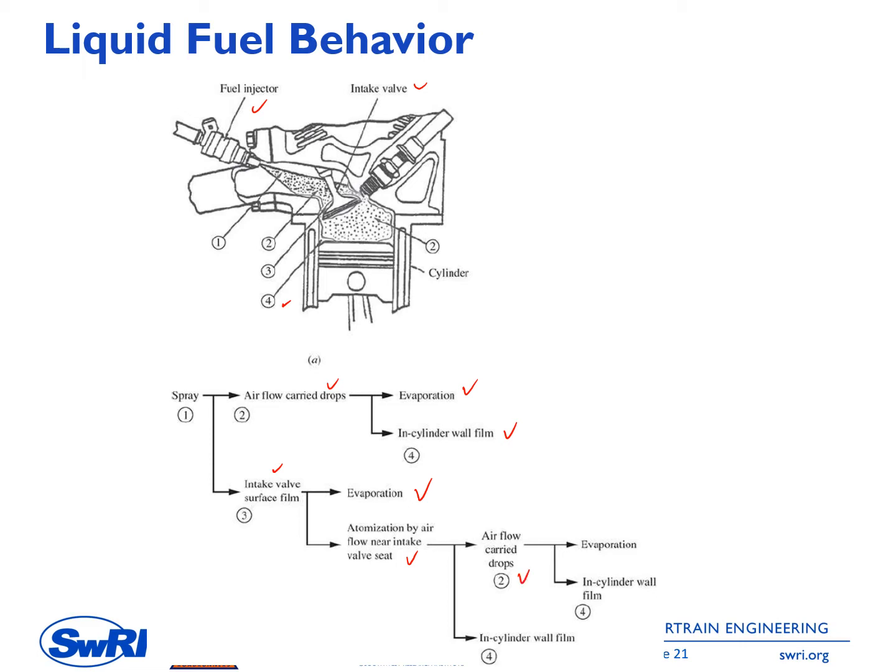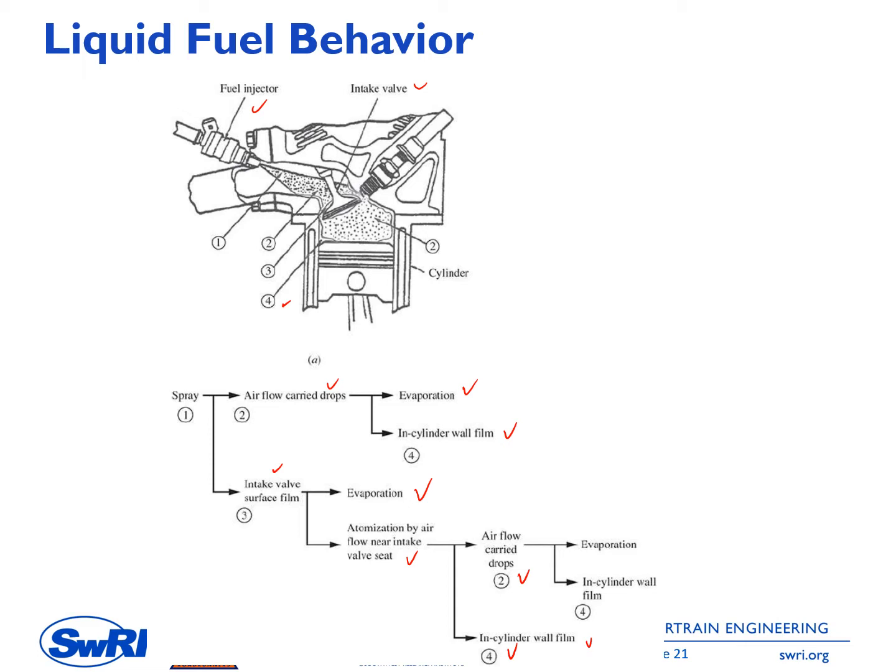So you can see you have number 2 here, but this one is coming from the atomization of the liquid film attached to the intake valve surface, and then the rest will flow into the cylinder, and it will interact with the wall and then form another film. So it's number 4.